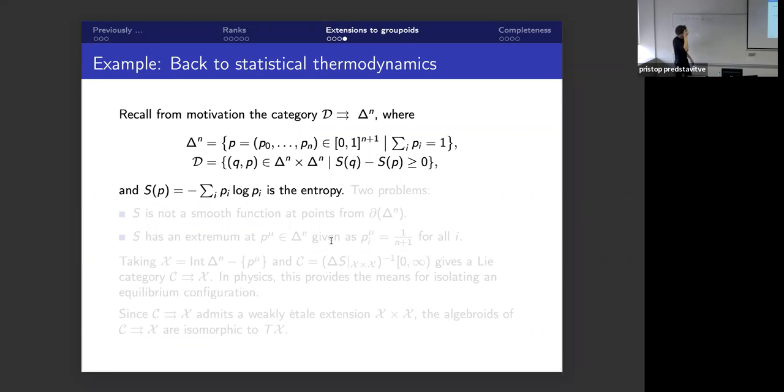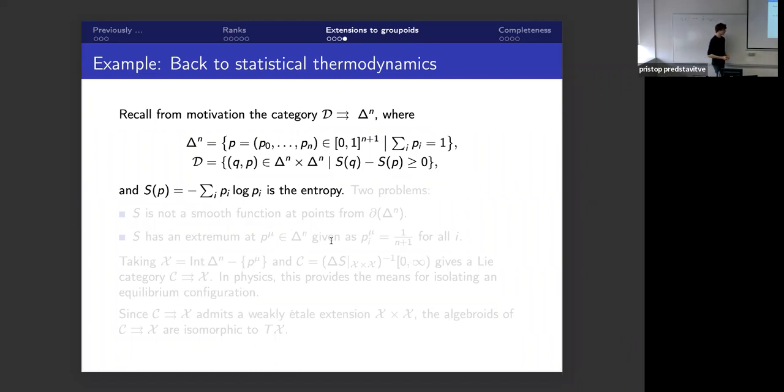So we are basically saying, a transition between two configurations is possible if and only if the entropy of the final state is greater or equal to the entropy of the initial one. And so obviously the question is, is this a Lie category?